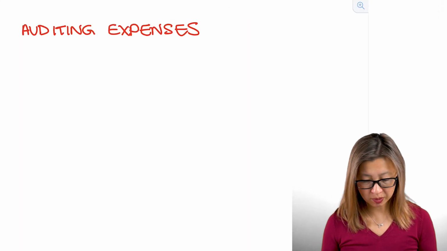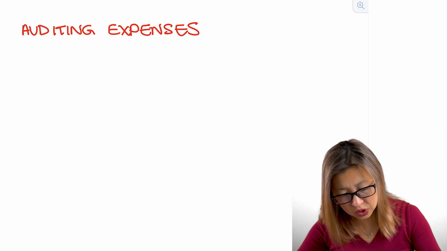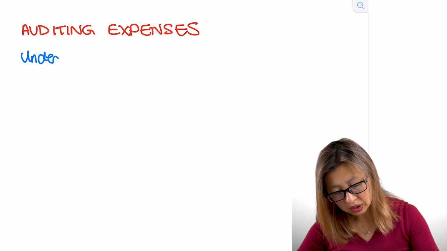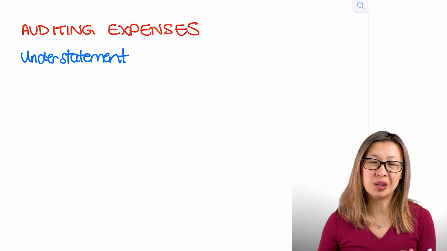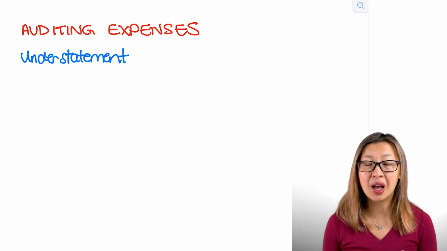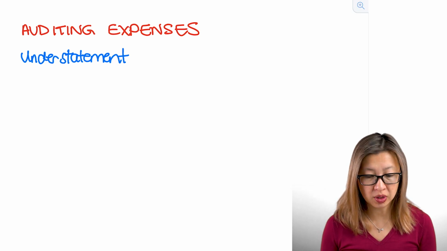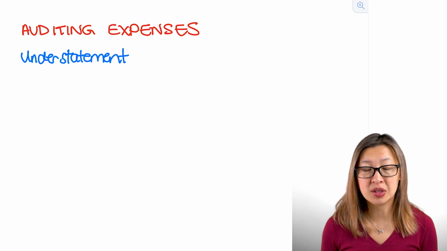Now, when auditing expenses, the thing that we're most concerned about is usually understatement. All right, so we're worried about understatement because companies are trying to make their profits look better, and that could be to look better to the market, or for managers to achieve some sort of performance-based bonus. Then they're likely to understate expenses.